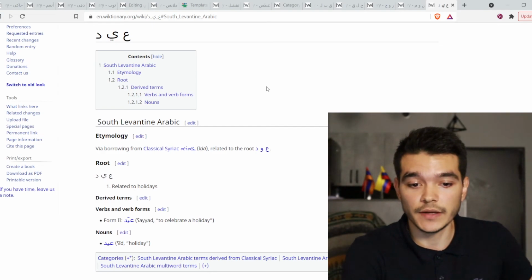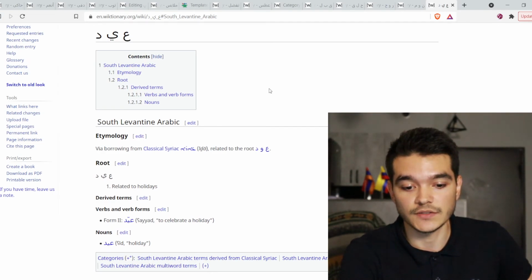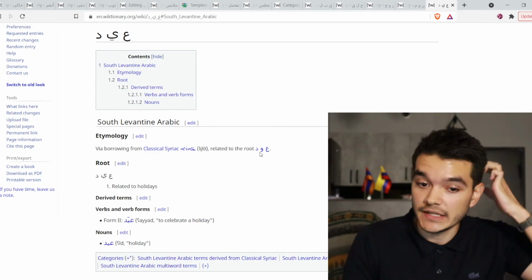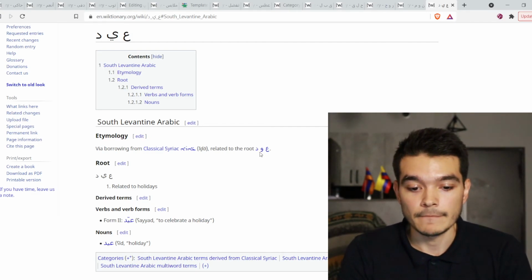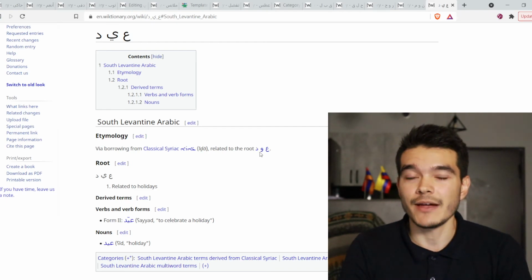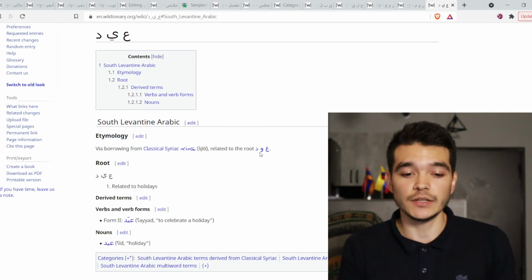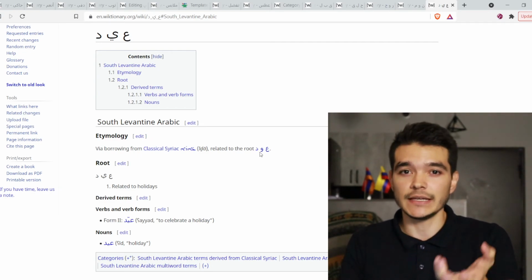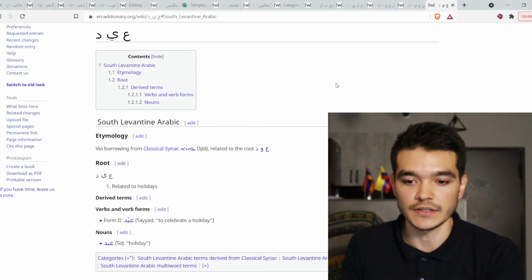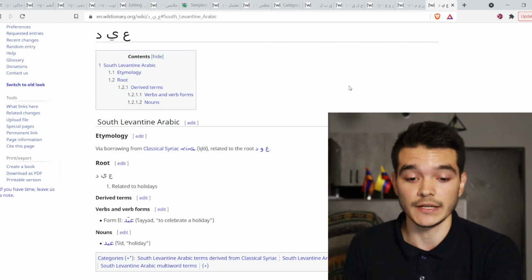I don't know what you think, whether this should be categorized with the Ain, Waw, Dal words or whether it should just be considered separately. Again, for me, it's more about convenience and emphasizing the semantic relationship between words because this is obviously semantically and etymologically related. So this makes it seem a little bit separate in this way. But that's just an opinion.